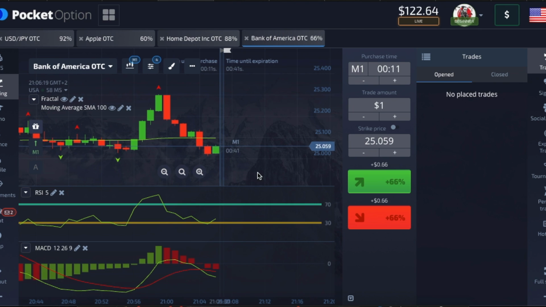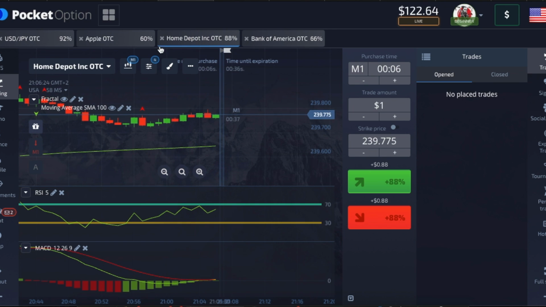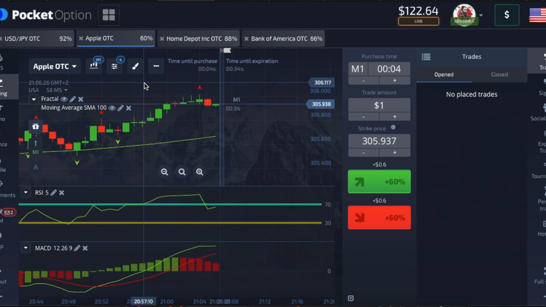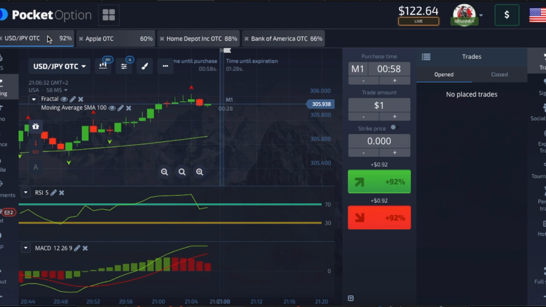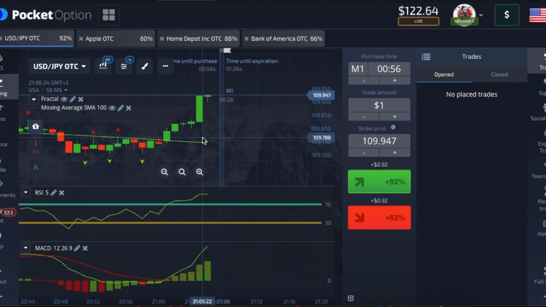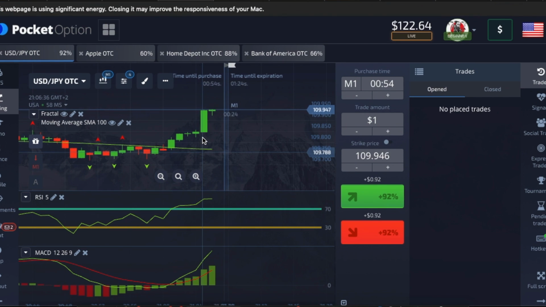I've actually had a gentleman express that he actually got robbed out of some options. So just be careful with the broker that you're using.